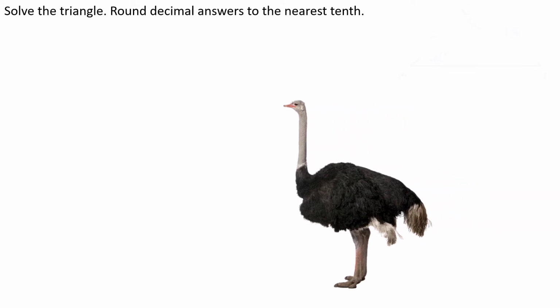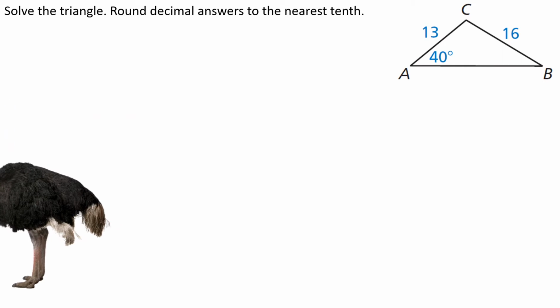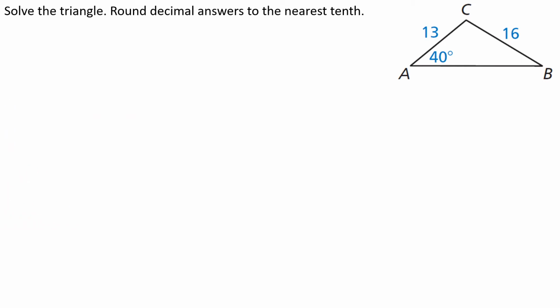The parade of birds continues. There goes an ostrich. Okay, so solve the triangle. I know three pieces and I want to find the other three. So what should we find first?